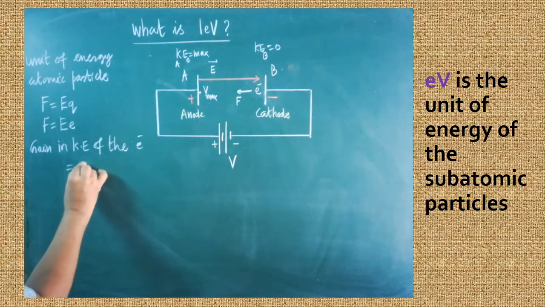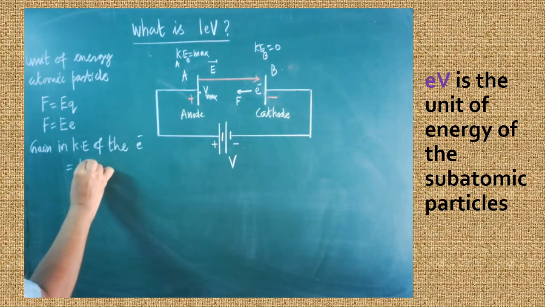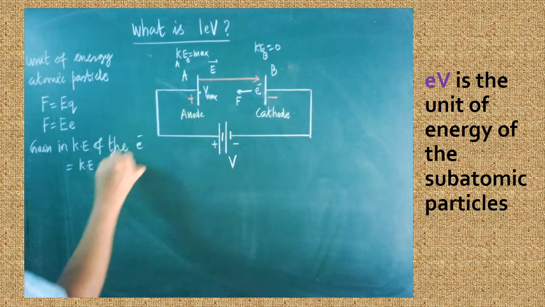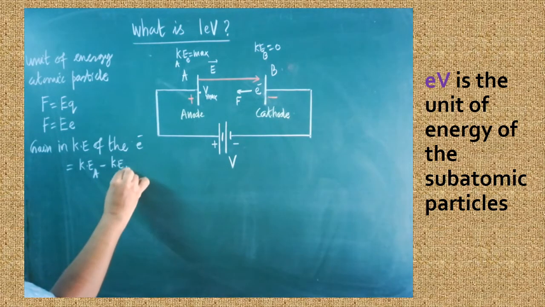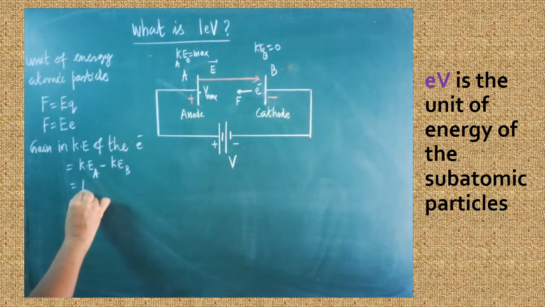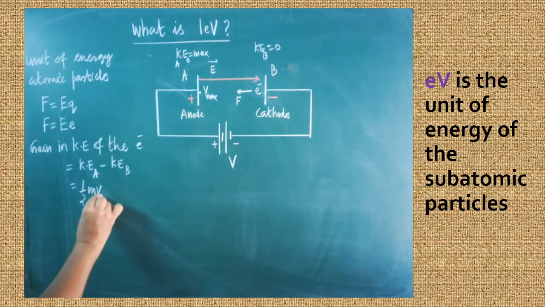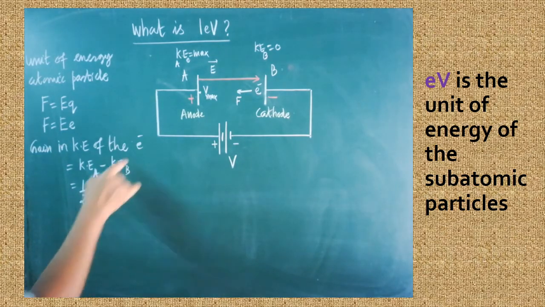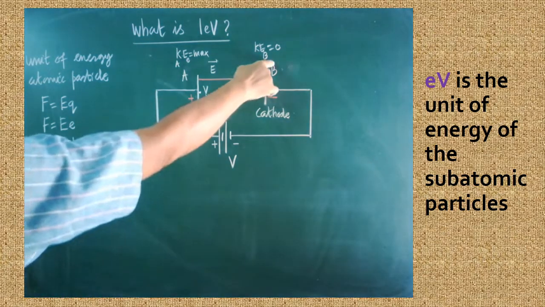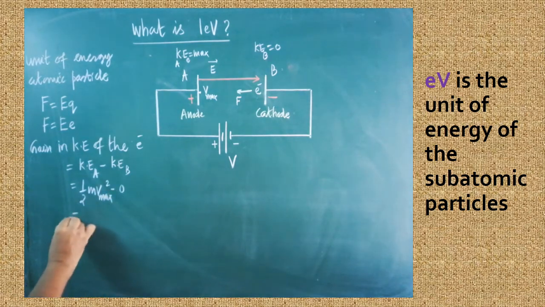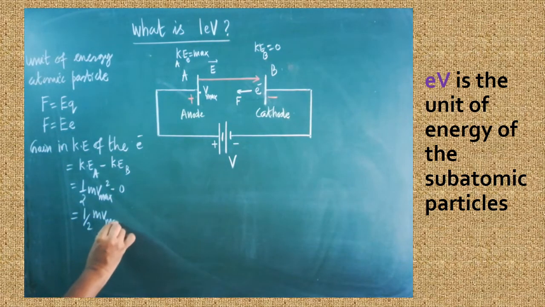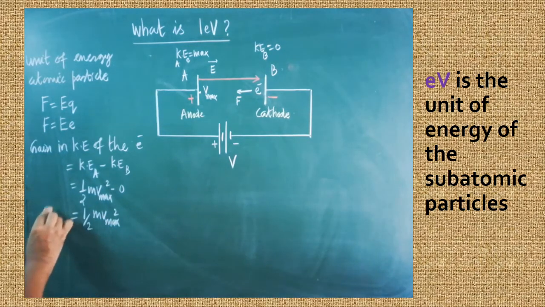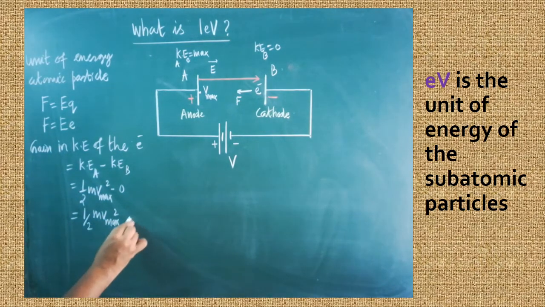How will you calculate it? The final kinetic energy at A minus the initial kinetic energy at B. So what is the formula? Half m v max square is the kinetic energy at A. What is the initial kinetic energy at B? 0. Therefore, gain in kinetic energy is half m v max square, which is the formula to calculate the gain in the kinetic energy.